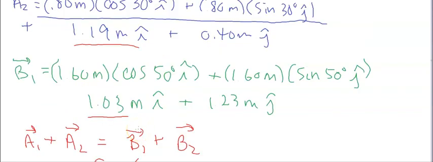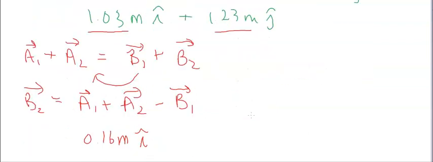And if you take 0.40 and subtract 1.23, I get negative 0.83 meters j hat. So there's our vector B2, beetle 2's second run.